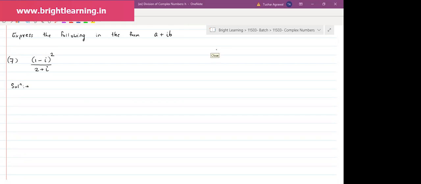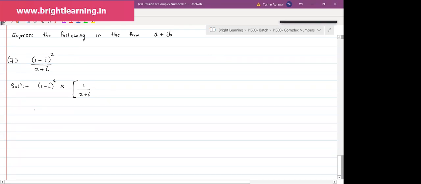That upon 5 that we are getting is correct. But the numerator has a slight mistake. So it is 1 minus i complete square, whatever that complex number is, divided by 2 plus i. Divided by 2 plus i means actually multiplication by 1 upon 2 plus i.